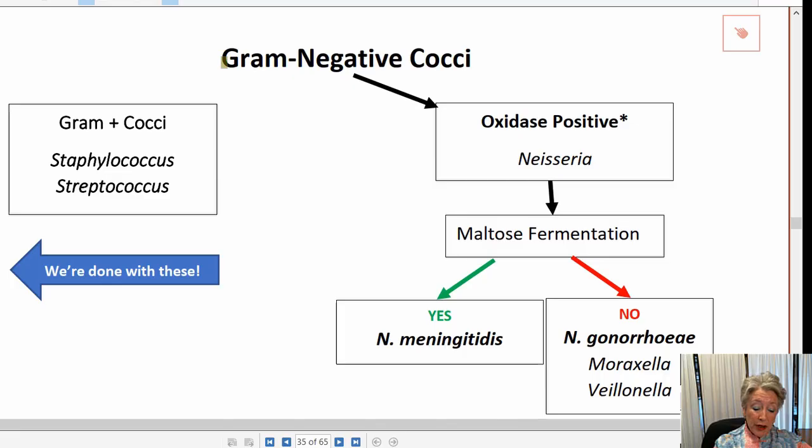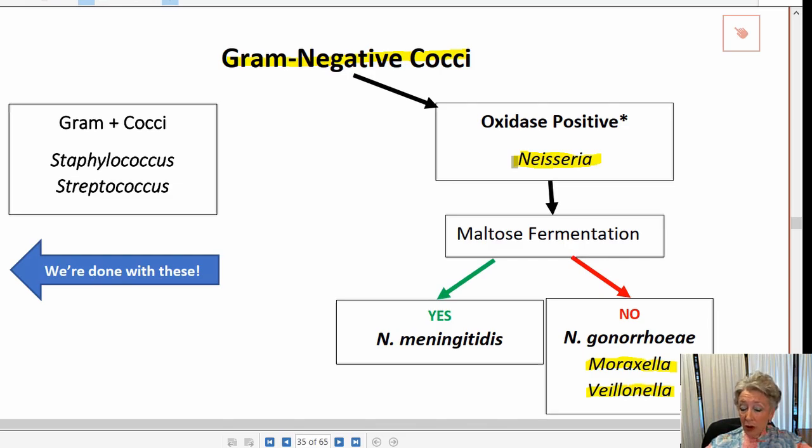Out of the gram-negatives, realize Neisseria is the major group. We certainly have a couple of others, Moraxella and Veillonella, who will need to be distinguished from Neisseria, mostly to evaluate the likelihood of severity of a problem. But the truly important group is Neisseria, and we've got two important species.